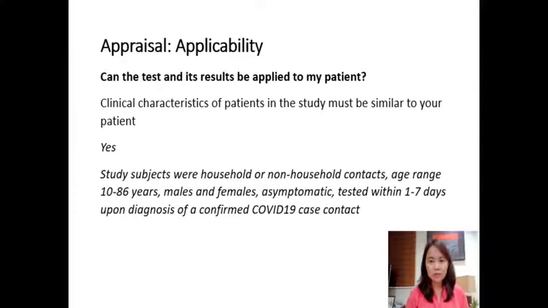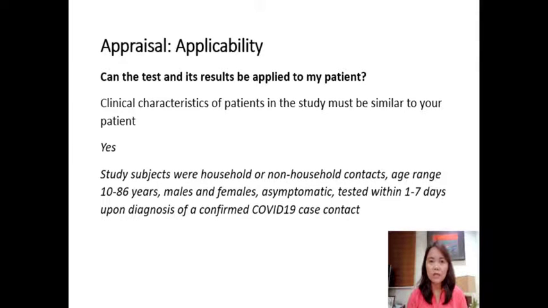So yes, the Torres article was similar because study subjects were household or non-household contacts. The age range was 10 to 86 years old. Remember that our patient falls within this age group. Conducted on both males and females, asymptomatic, and tested within 1 to 7 days upon diagnosis of a confirmed COVID-19 case contact. So the patient went to your clinic 5 days after his father tested positive for COVID-19.